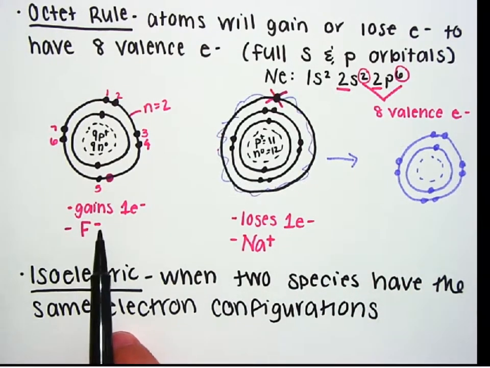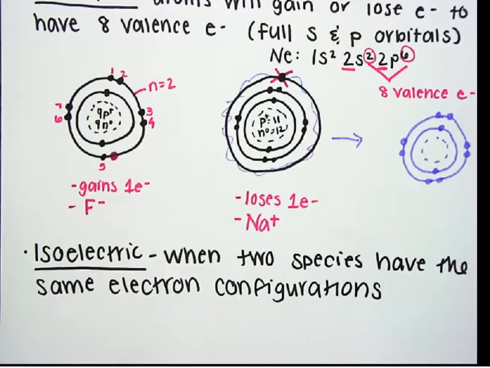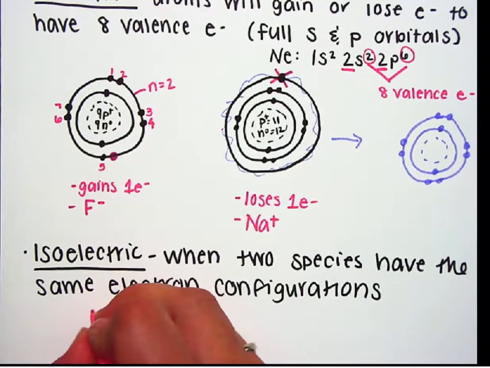So the fluoride ion and the sodium ion would be isoelectronic.